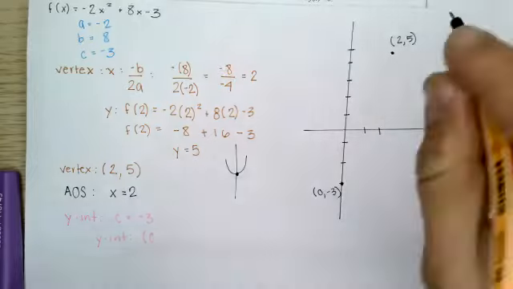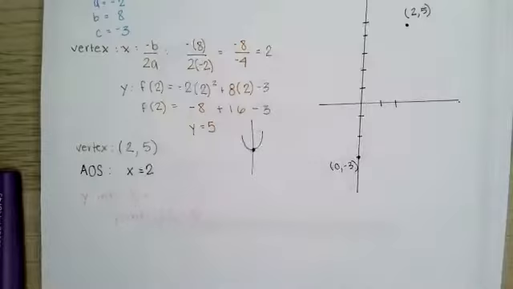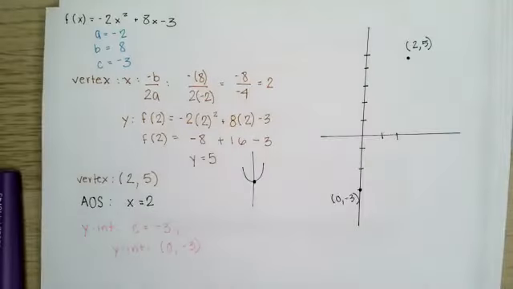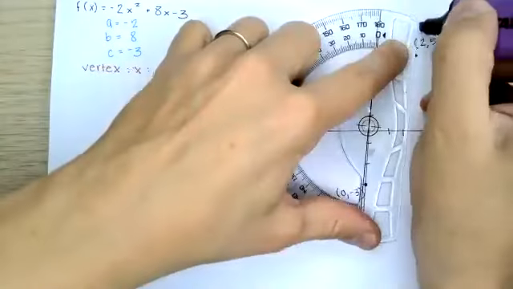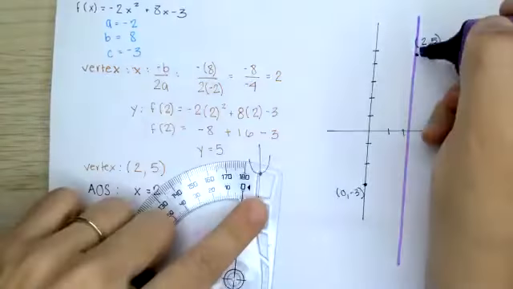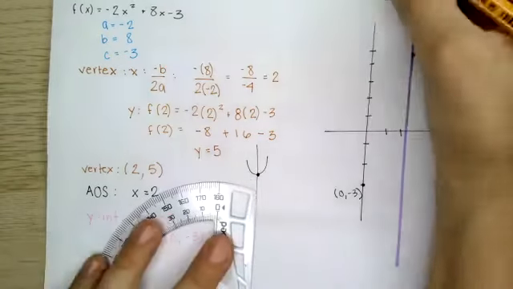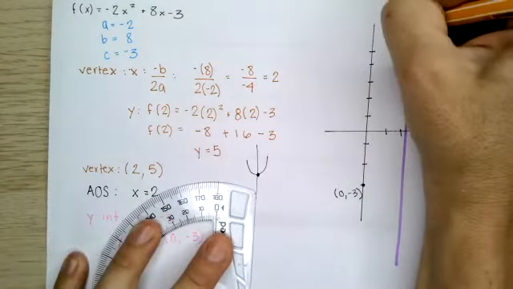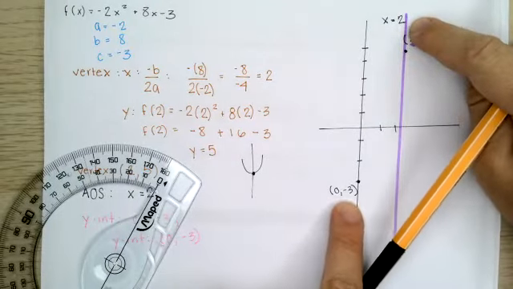Two, 5. And our axis of symmetry is at x equals 2, right? So right here I have x equals 2. I know I didn't do a great job explaining that first example.